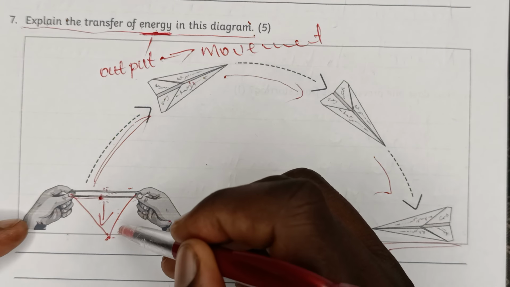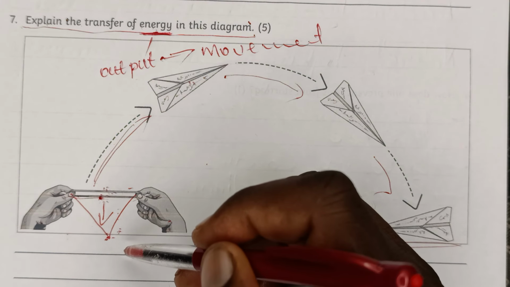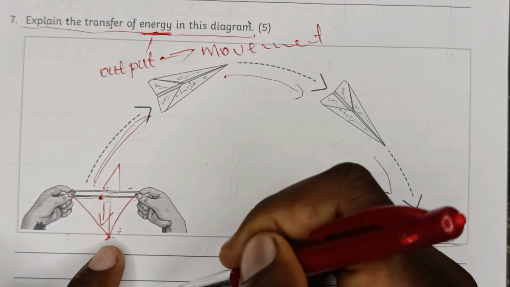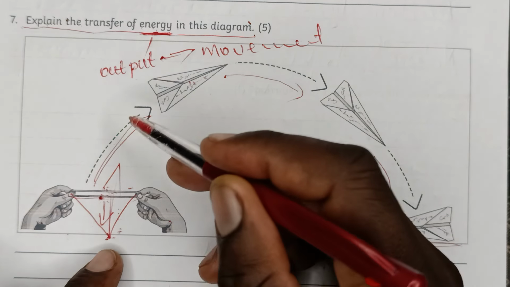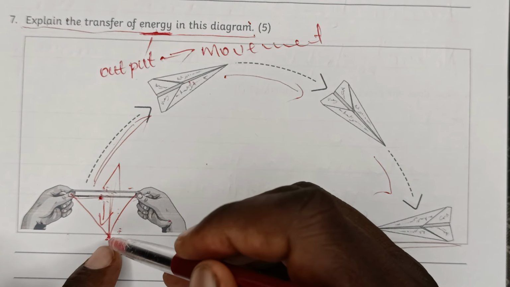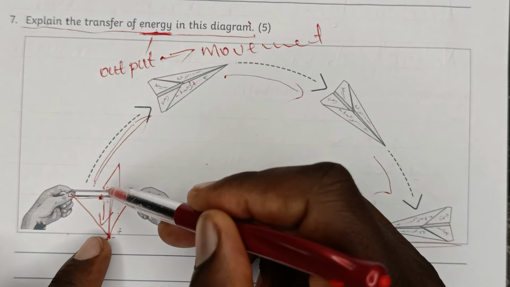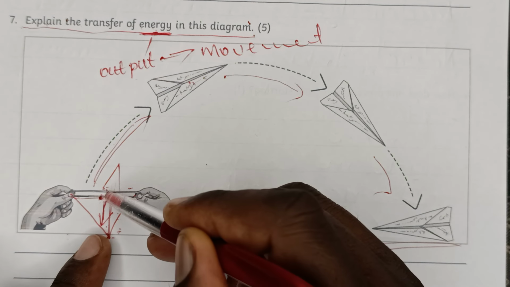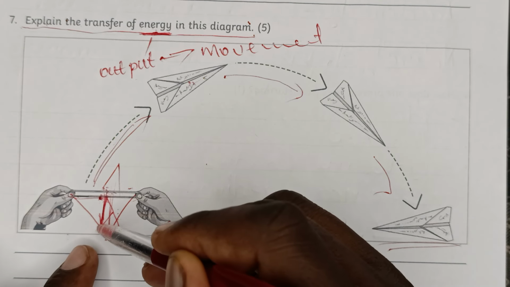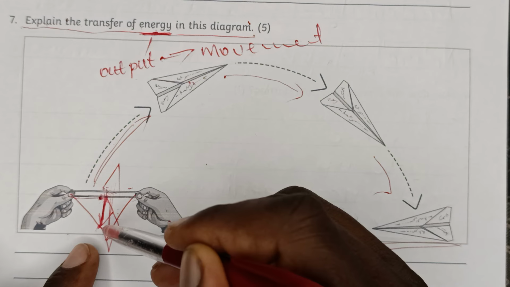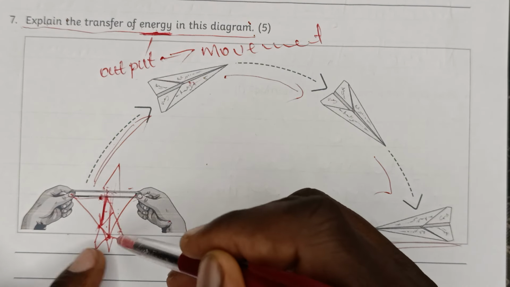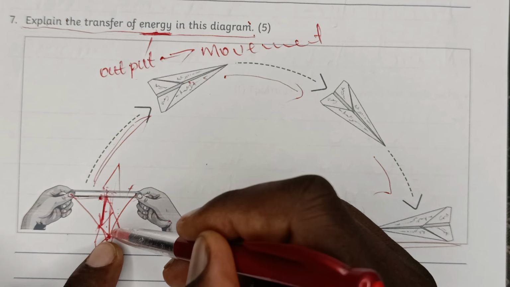And then when the rubber band is released, it should be pulled together with the paper plane on it. So the paper plane should be here as well when you pull it.